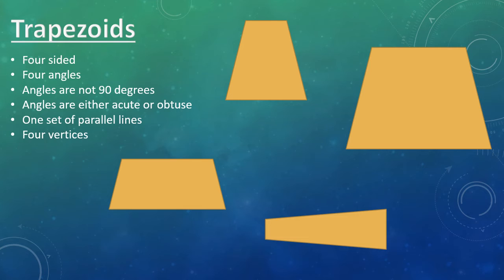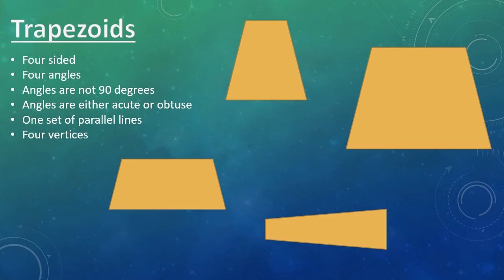On to our last quadrilateral that we are going to study today. These are called trapezoids. Trapezoids, because they are quadrilaterals, do have 4 sides and do have 4 angles. But the angles of a trapezoid are not 90 degrees. None of these angles are 90 degrees.